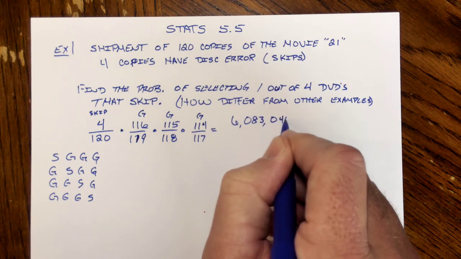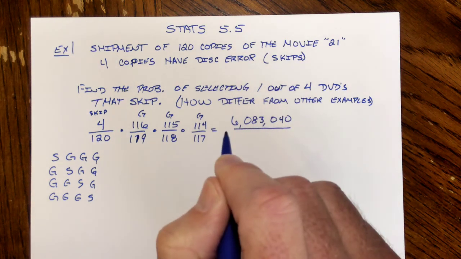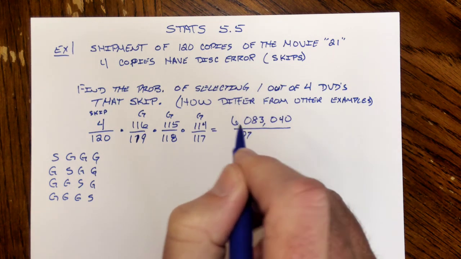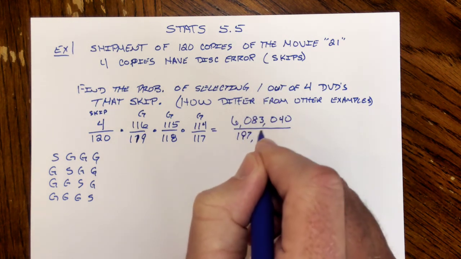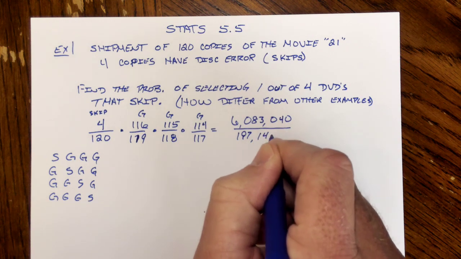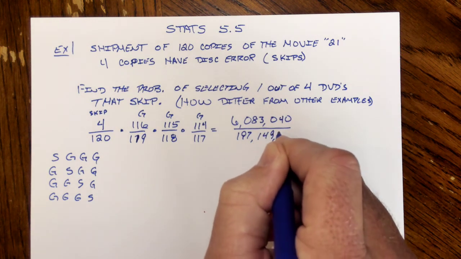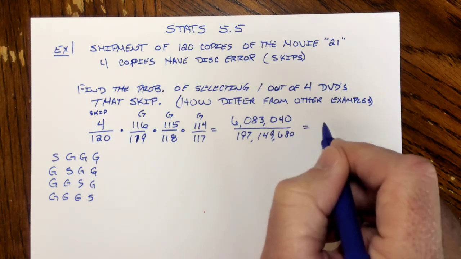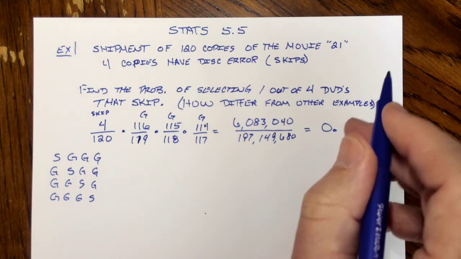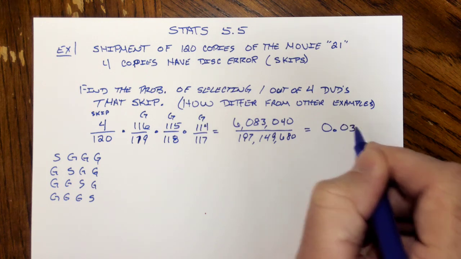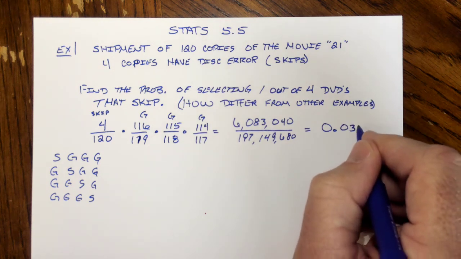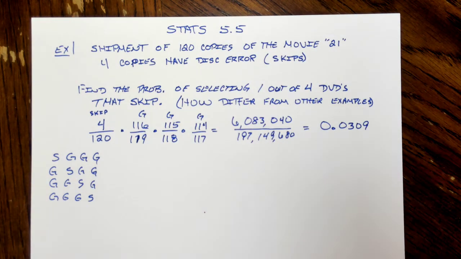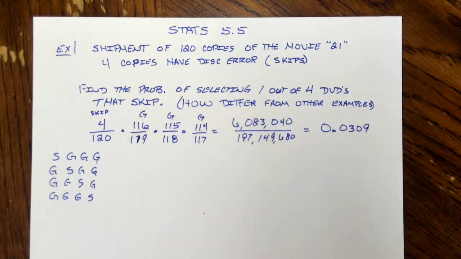6,083,040 on top, 197,149,680 as your denominator, giving you the probability with rounding right there. But what do we got to do? That's if it's first.